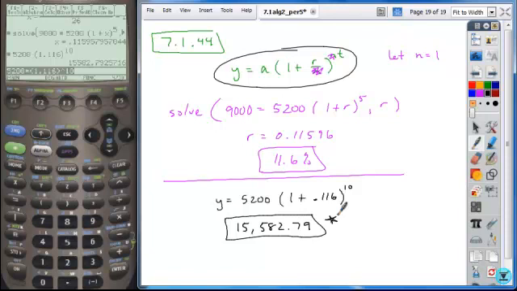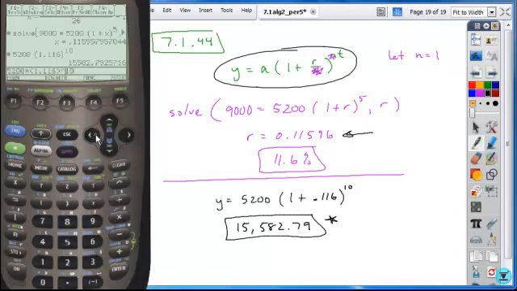Okay, so this is what the book has, and this is what is going to be accepted as correct on there. Now, if it was up to me, and I'll go back in and change it, because I talked about this in my other class as well, what I would do is use the exact R value in my calculation. So when I created this equation right here, instead of taking 1 plus 0.116, I'd take 1 plus the exact rate that I calculated. So I'm just going to get rid of the x equals part here.